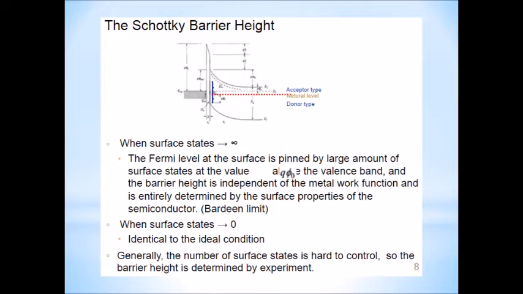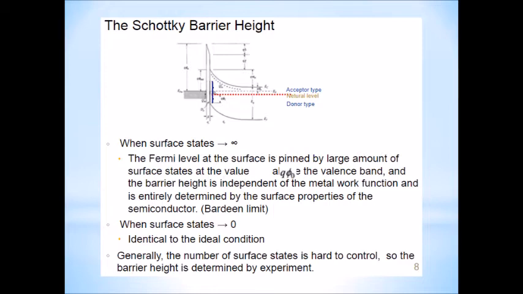When the neutral state is reaching infinity, the barrier height is fixed by the band gap energy and the potential delta naught, which is the difference between the neutral state and the donor state. The barrier height is totally independent of the metal work function and the semiconductor electron affinity, which causes the Fermi level to become pinned at the neutral state.